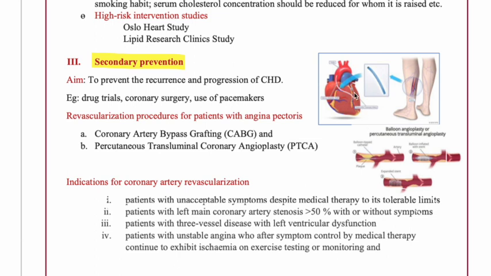Okay, so the obstructed blood vessel will be bypassed using a healthy blood vessel. And the next one is percutaneous transluminal coronary angioplasty. This procedure is performed to widen the narrowed or obstructed blood vessels. So the blood vessel will be narrowed by the obstruction, by the plaque deposition. So this will be widened using stent.